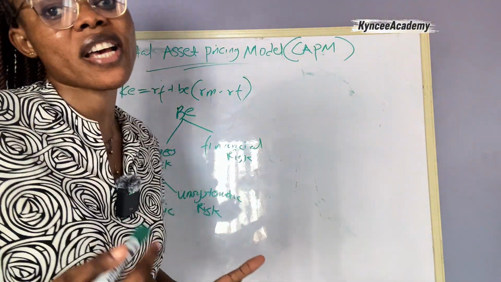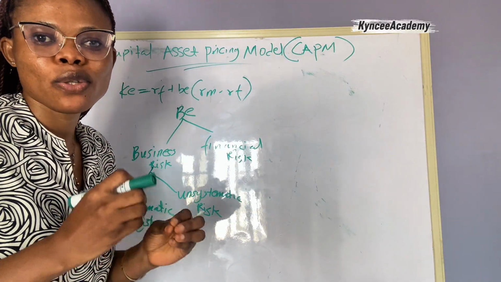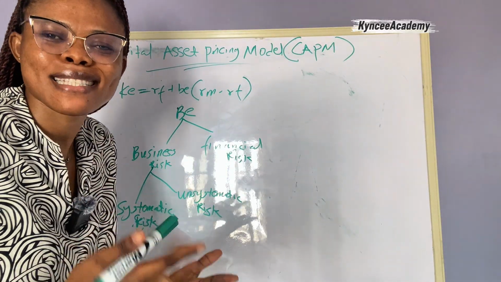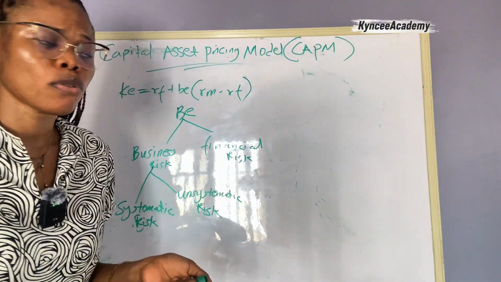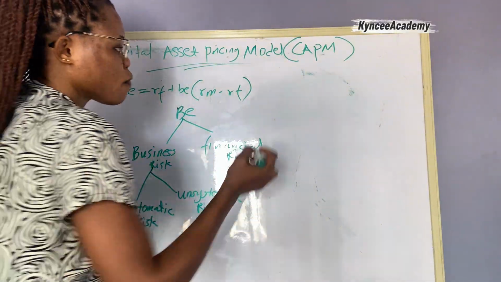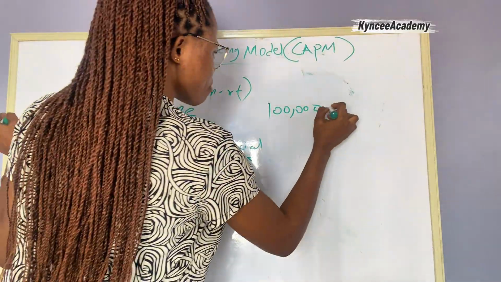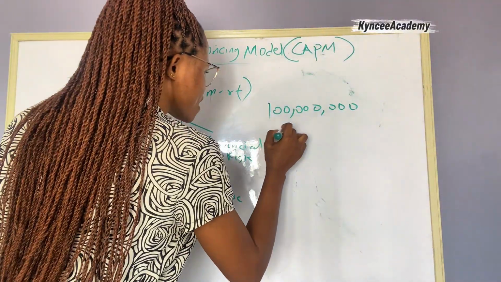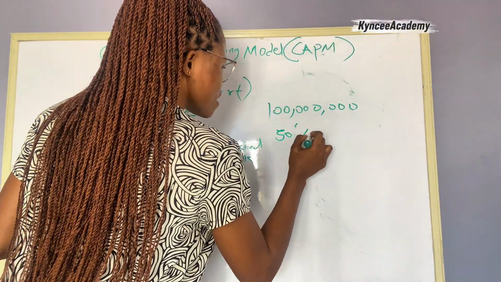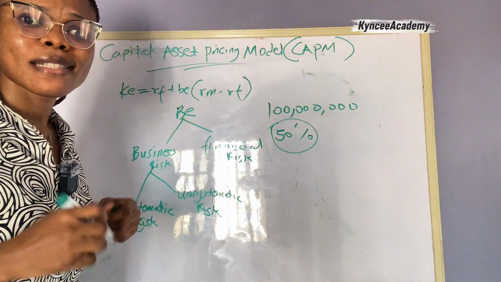So we're talking of financial risk. Financial risk is used to measure the proportion of debt in a company's capital structure. For instance, let's say a company has a total capital structure of 100 million. Out of this 100 million, 50%, which is 50 million, is debt.